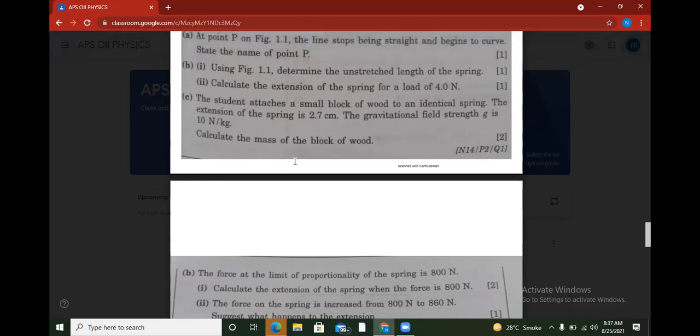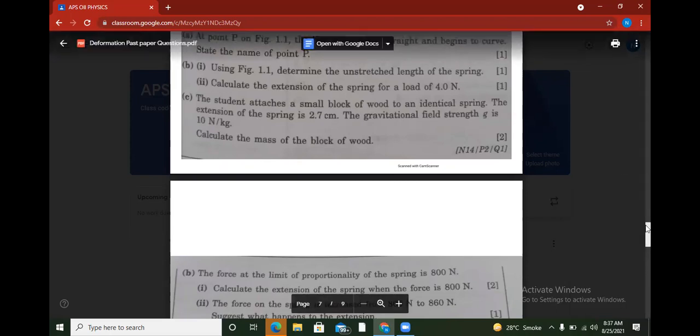They are asking you to calculate the mass of the block of wood. How can you do it? What is the formula for calculating the mass? Weight upon gravity, force upon gravity. Force over gravity.